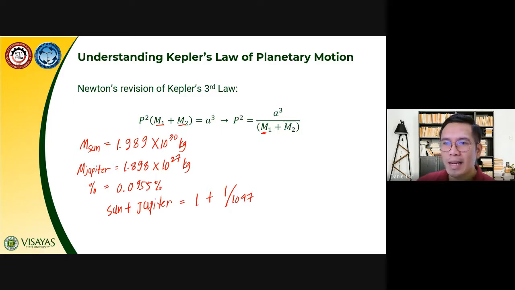So therefore Kepler had it nearly right. Murag sakto gid si Kepler in his description of the orbits of the objects revolving around the sun.